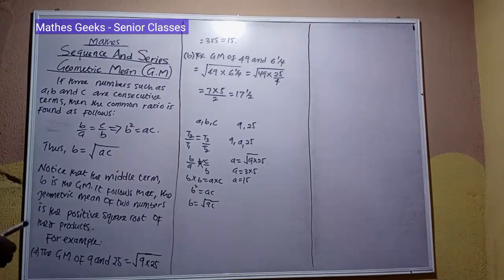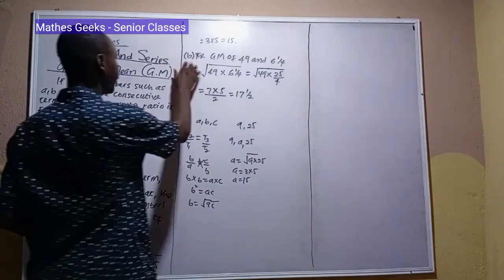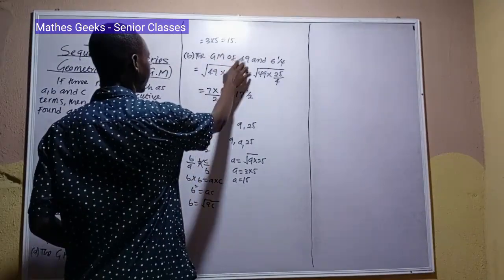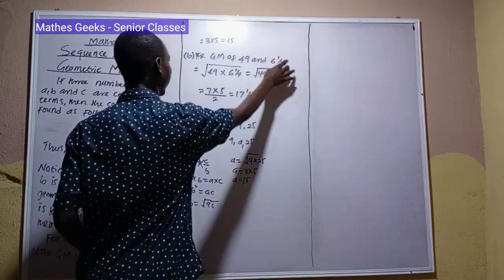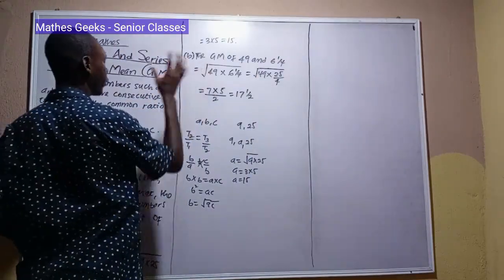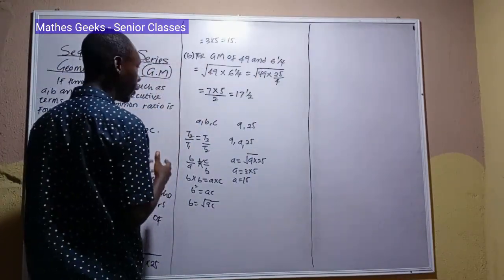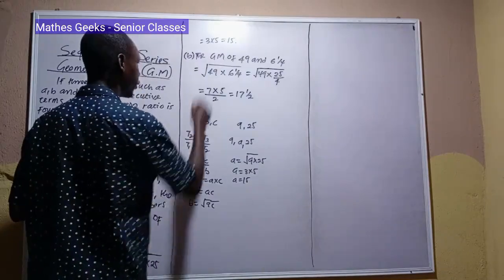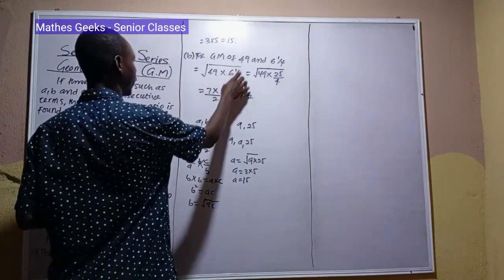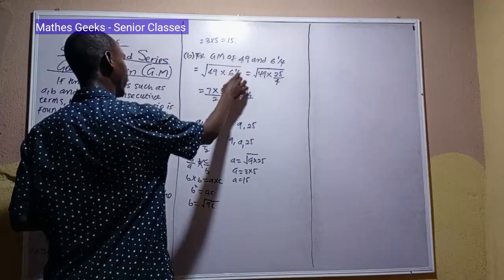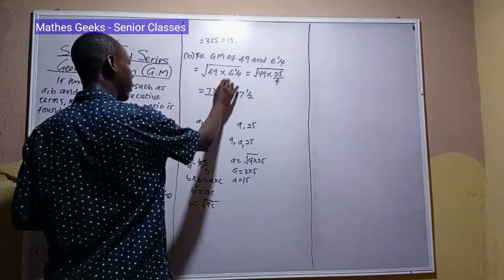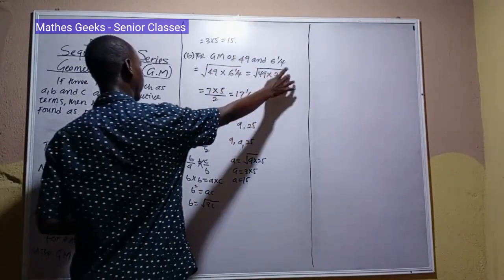The same principle applies to B here. The geometric mean of 49 and 6 and 1 over 4 is equal to the positive square root of the product of the two numbers, which is 49 times 6 and 1 over 4. 6 and 1 over 4 is 4 times 6, 24, plus 1, 25 over 4.